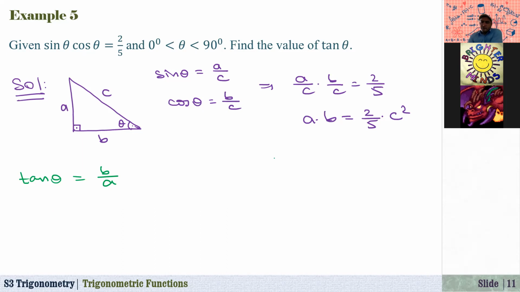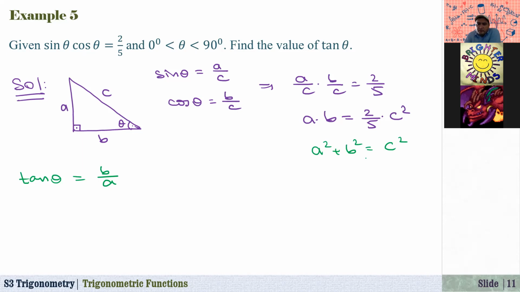Also, we know that A squared plus B squared is equal to C squared, right? Now, instead of this C squared, I can just write 5 over 2 AB.